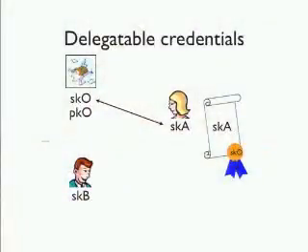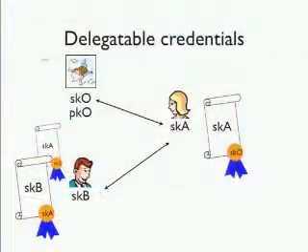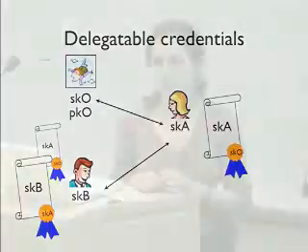So then how would we extend this to delegatable credentials? So say Bob comes along with his secret key, and Alice wants to issue Bob a credential. So one thing we could do is just have Alice hand over the signature that she has, and then maybe as a two-party protocol, they could compute a signature under Alice's secret key and Bob's secret key.